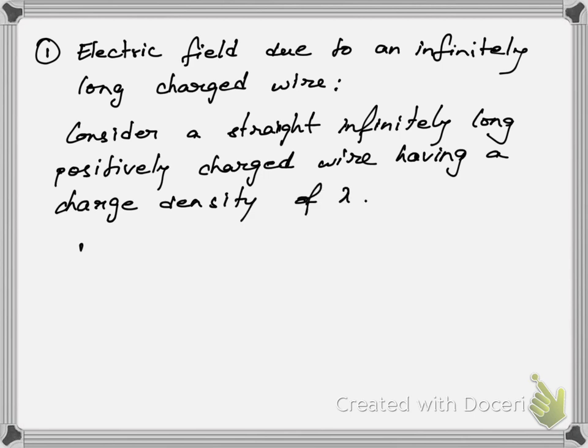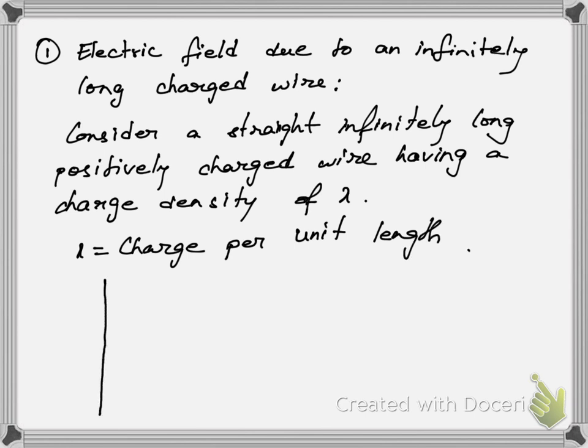Here lambda stands for the charge per unit length. So this basically is your infinitely long current carrying wire having positive charges and the charge per unit length being lambda.